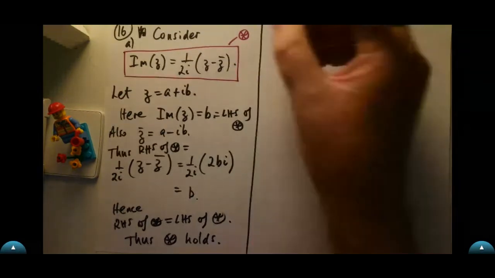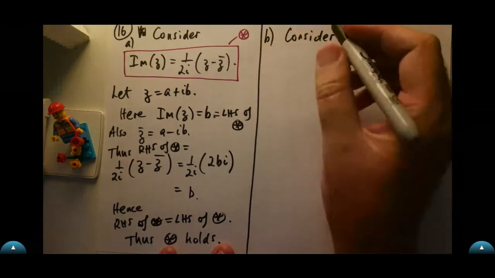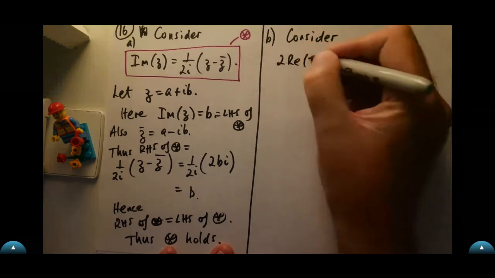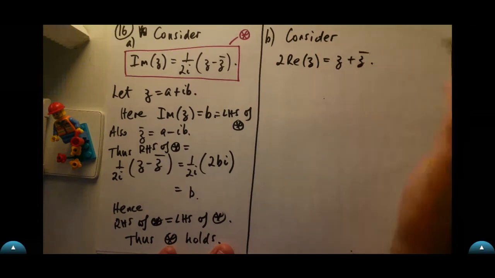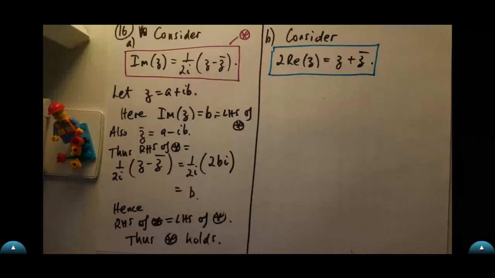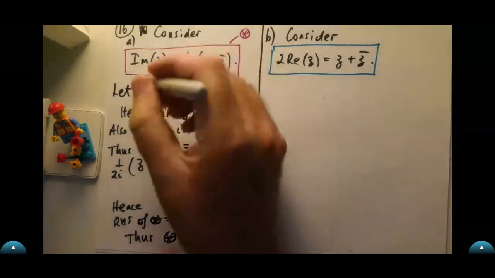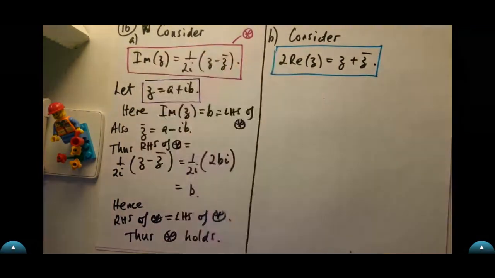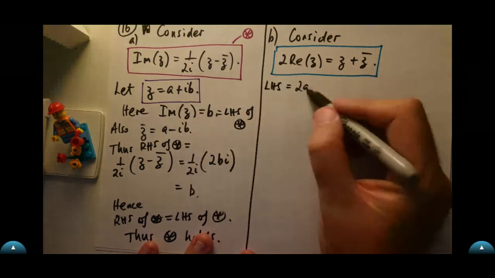Okay, so let's do part B. That's pretty much the same. It is 2 times the real part of a complex number equals z plus its conjugate. Again, let's use this Cartesian form for any complex number z. 2 times the real part will be 2a.